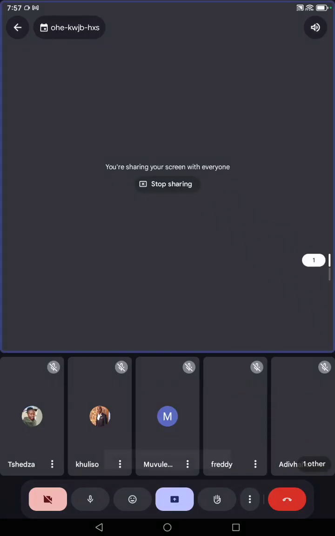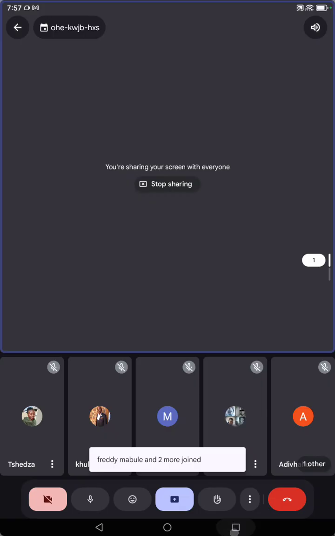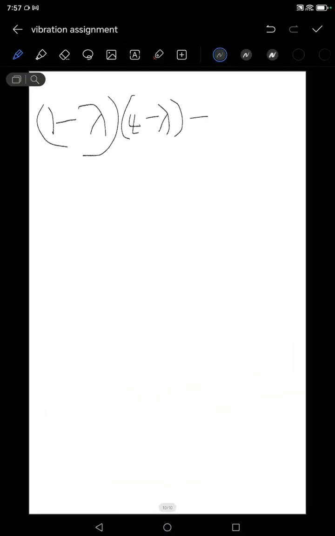Okay, so we're going to have 1 minus lambda multiplied by 4 minus lambda minus 3 multiplied by 2 or equals to 0. Now we're looking for lambda.